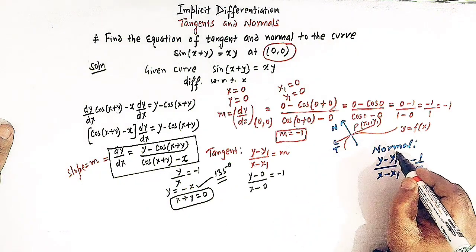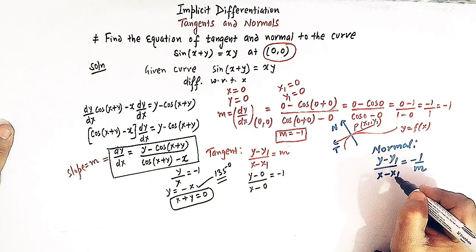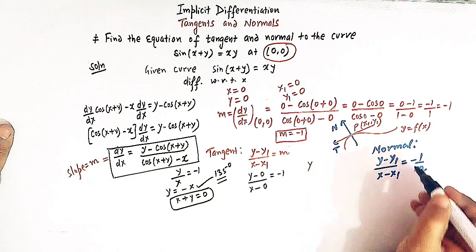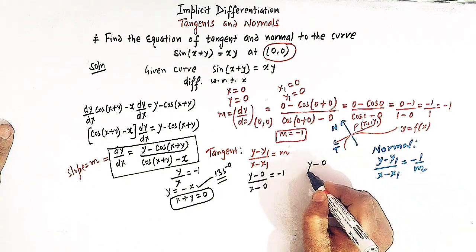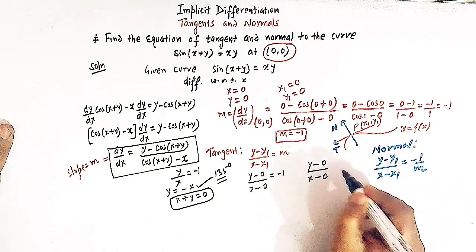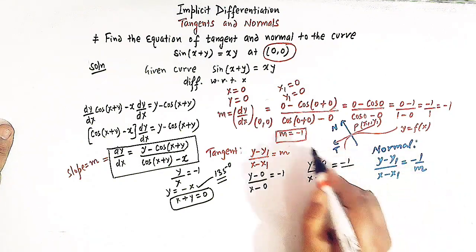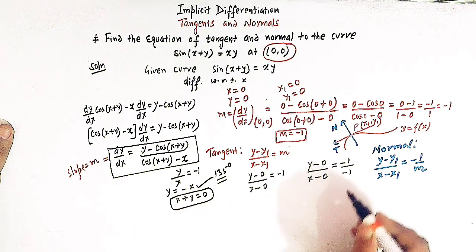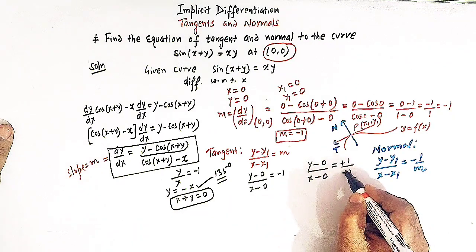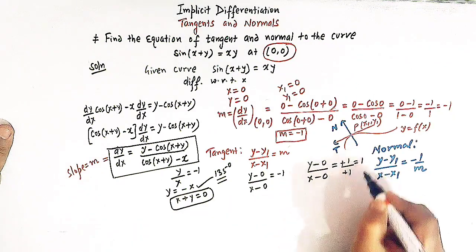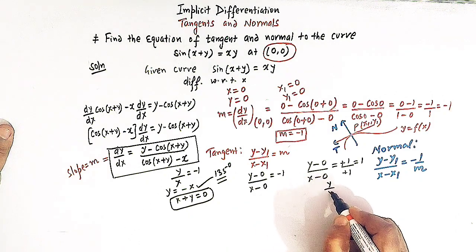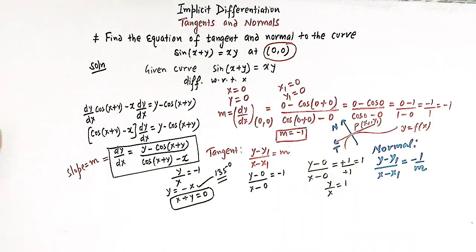Now equation of normal can be obtained by taking x1 equal to 0, y1 is equal to 0. So equation of normal is y minus 0 over x minus 0 equals minus 1 over m, m is minus 1, right? So here negative negative get cancelled, we are left with 1. So we have y over x is equal to 1.